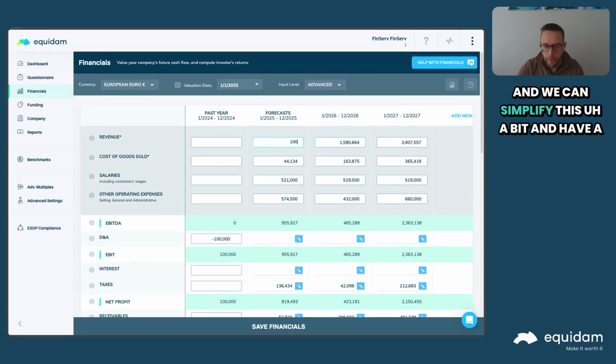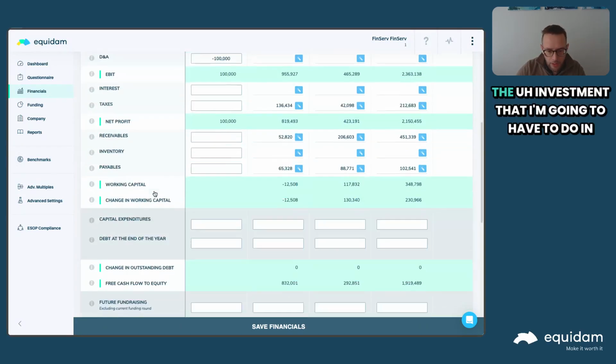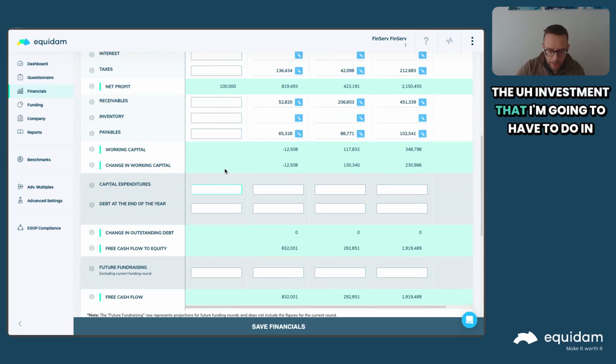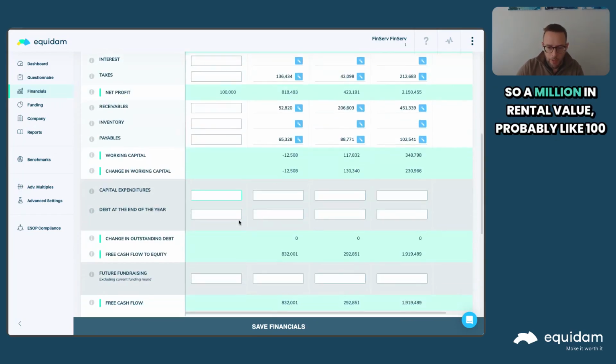We can simplify this a bit and have a certain growth. Let's make the simple case that we have one property. The investment I'm going to have to make in that property is quite substantial, so $1 million in rental value, probably like 10 or 15 million in investment.